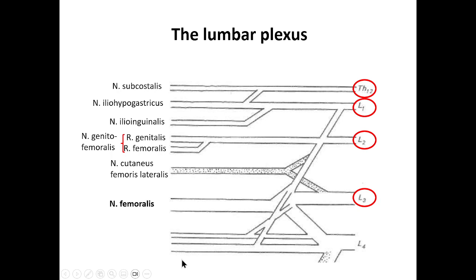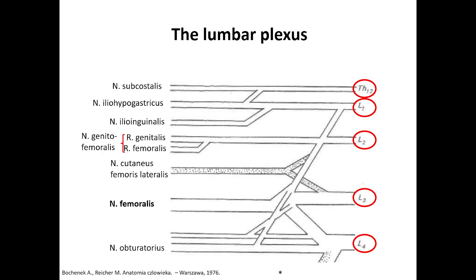And then the largest, nervus femoralis. And then lumbar fourth forms nervus obturatorius. So now we know all the nerves of the lumbar plexus.